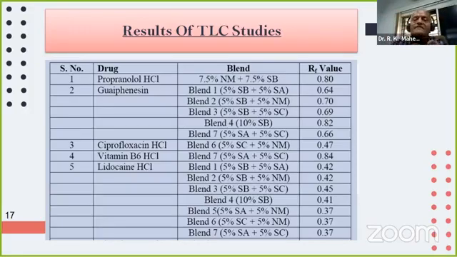For guaifenesin, blend 1 containing 5% sodium benzoate plus 5% niacinamide was found good, with RF 0.64. In the same way, blends 1, 2, 3 and 7 gave good spots without tailing. In only one case, blend 6 was found good. For vitamin B hydrochloride, blend 7 was found good. For lidocaine hydrochloride, blends 1 to 7, that is 7 blends, were found good.